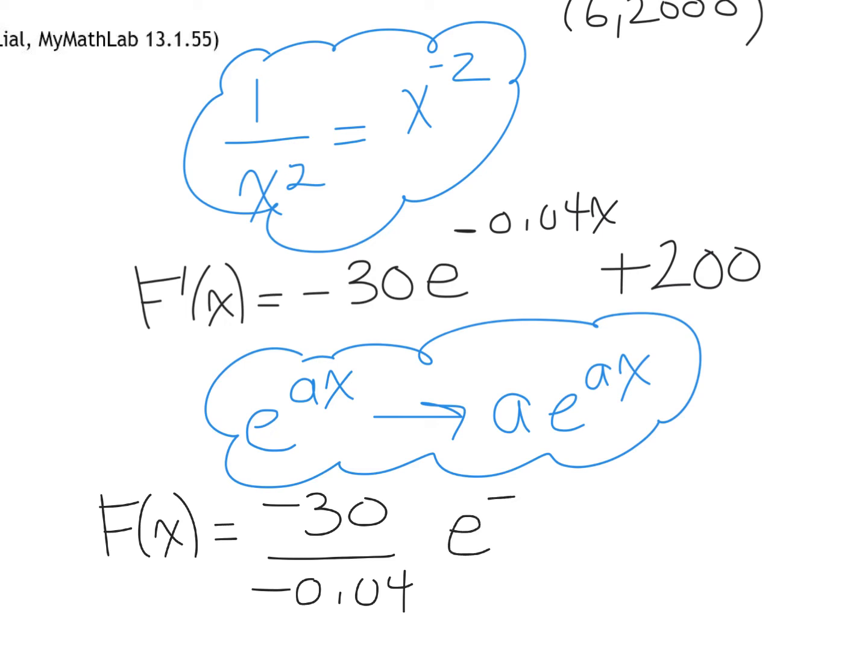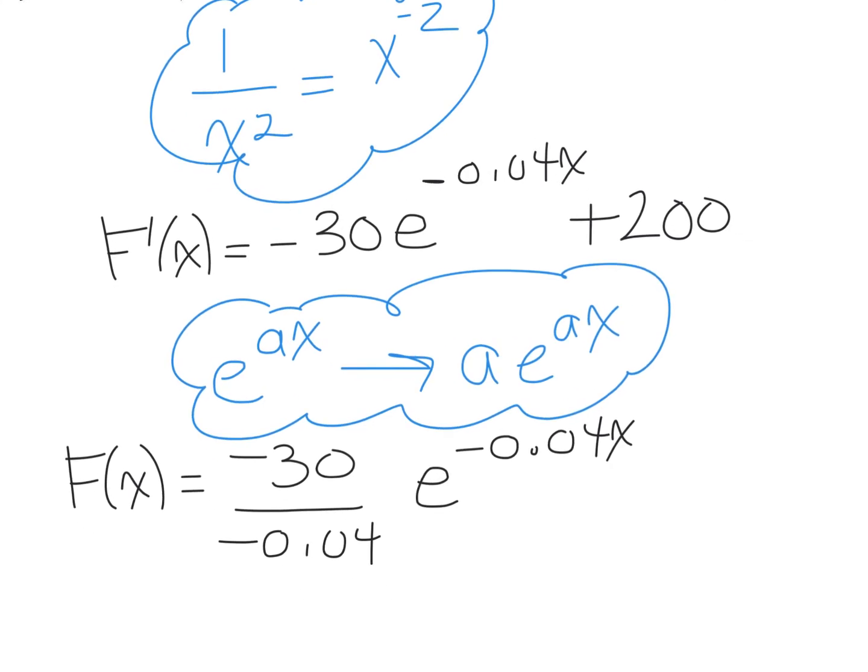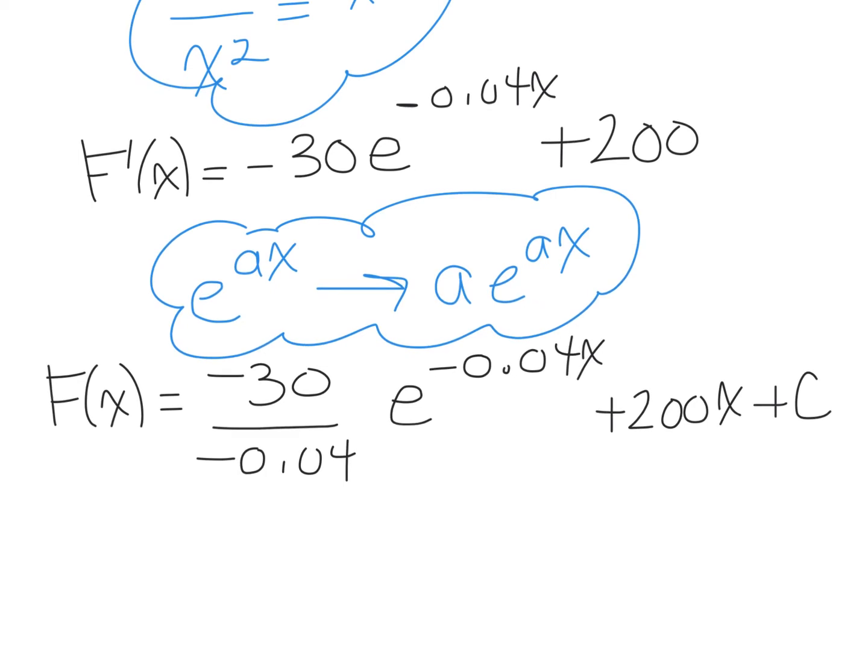And then remember, we just repeat the e part. 200 used to be 200x in the original function, plus c. Okay, so I would tidy up that division. So minus 30 divided by minus 0.04.